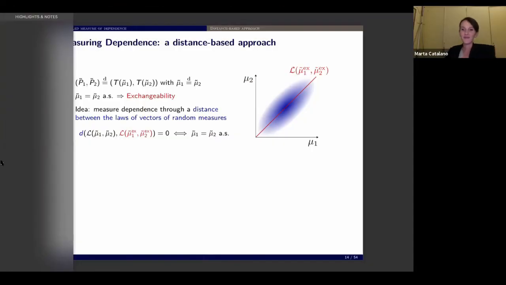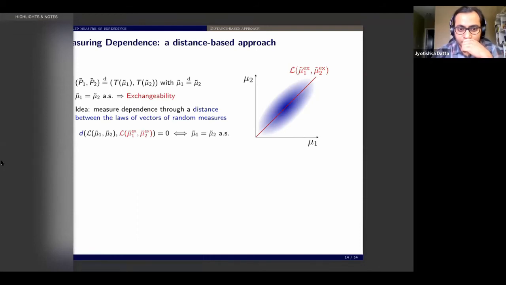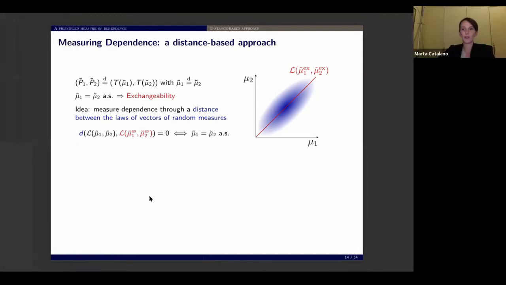Okay, so as Igor mentioned, we want to find a measure of dependence for those vectors of random probability measures that are achieved as component-wise transformations of dependent completely random measures.